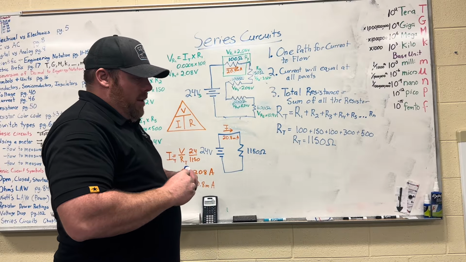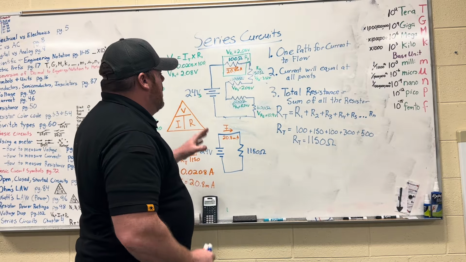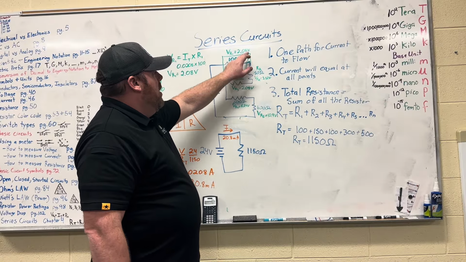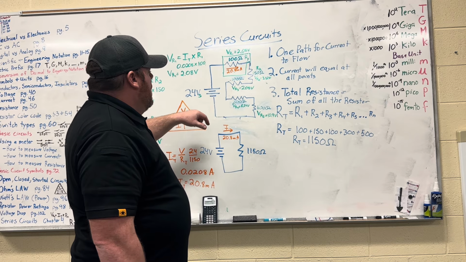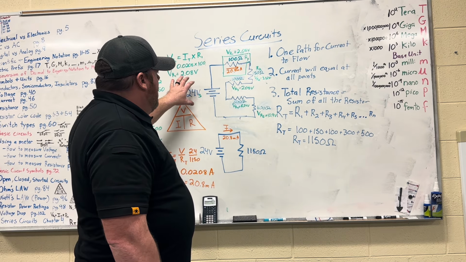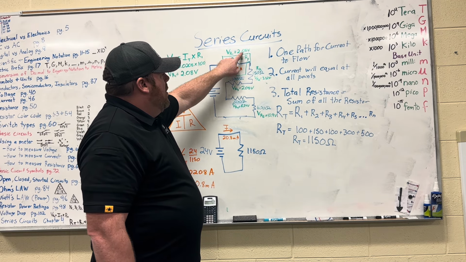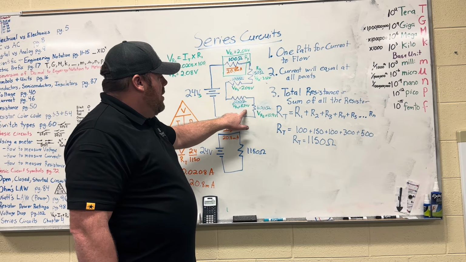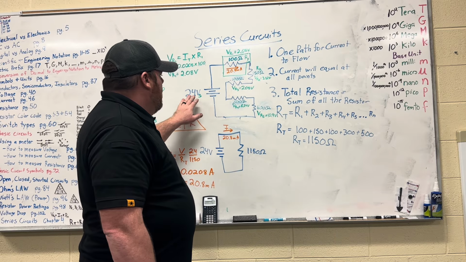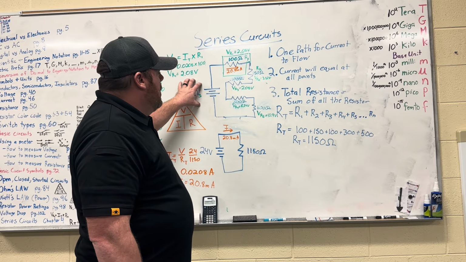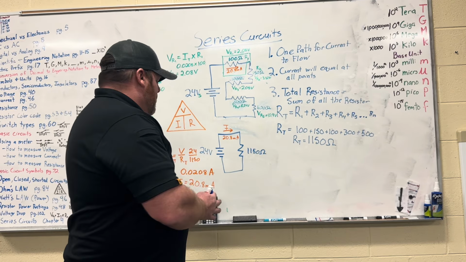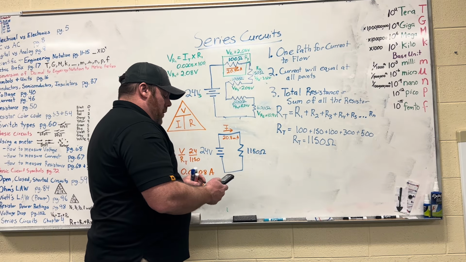Now another thing, Kirchhoff's voltage law says that the sum of all of the voltage, now remember these are voltage drops, so they're basically lessening, would all equal 0. So if we add all these together, 2.08, 3.12, 2.08, 6.24, and 10.4, we would get 24 volts, meaning the voltage source will be equal to the sum of the voltage drops. And that is true for a series circuit.